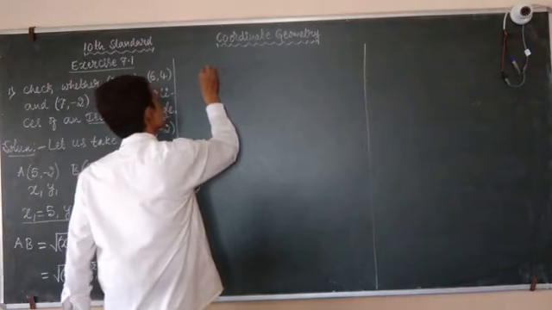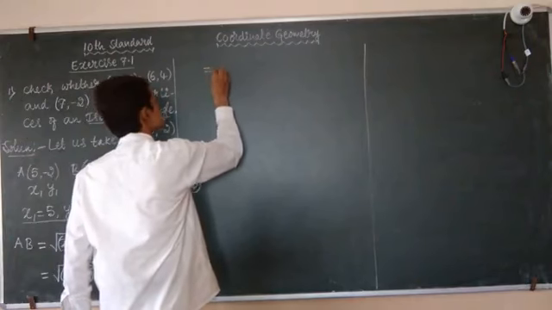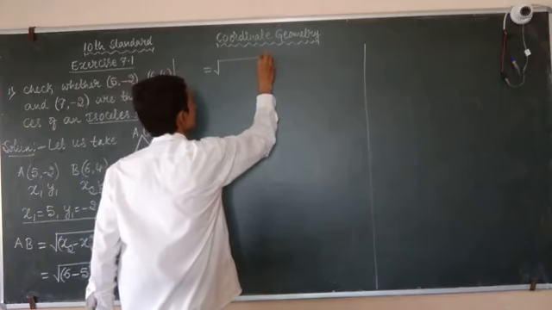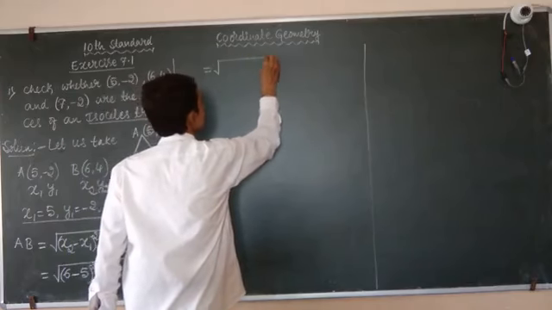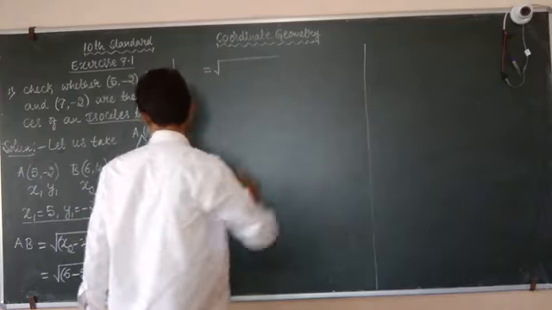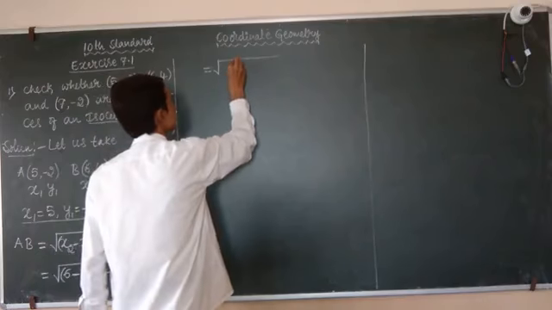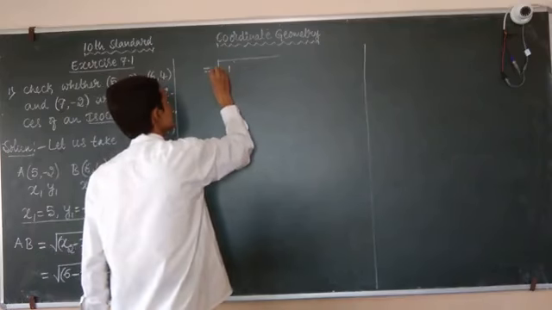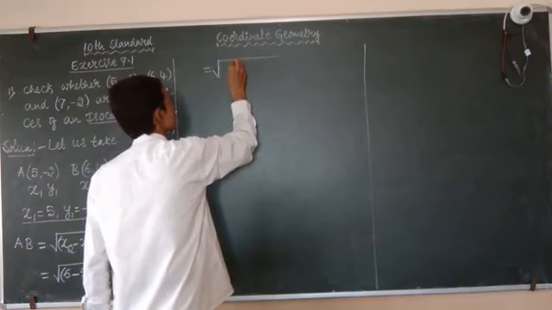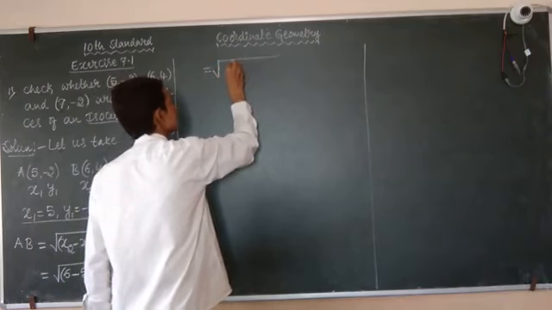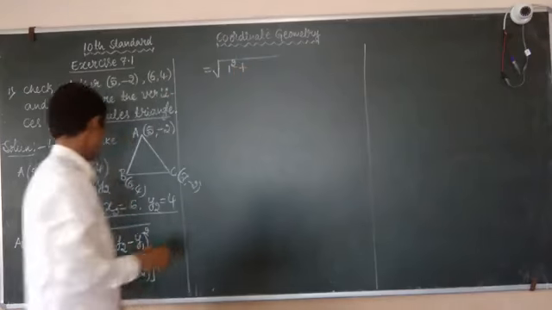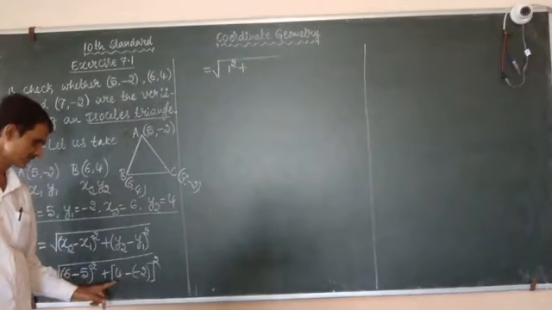The next it will become root of 6 minus 5 is 1 square plus, so simplify this, 4.